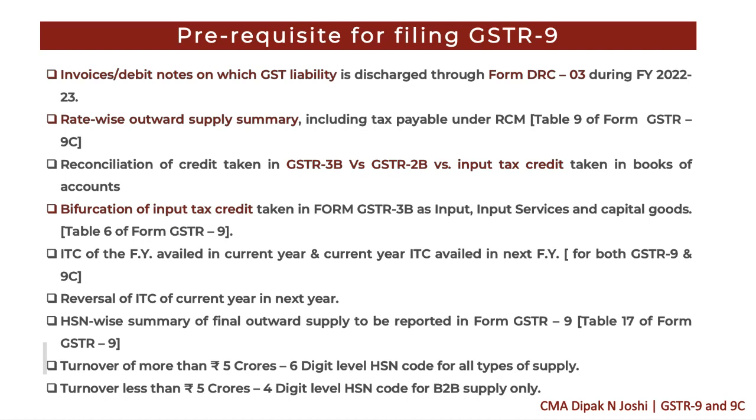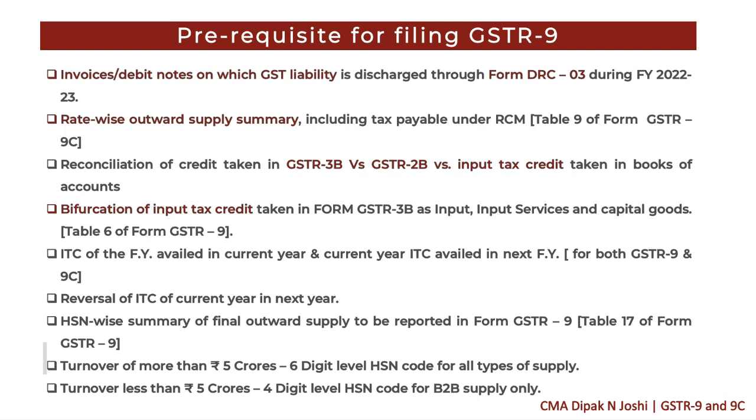So if a registered person takes credit strictly as per GSTR 2B, there will not be any difference between the credit taken in GSTR 3B and credit auto-populated in GSTR 2B. However, there might be a difference between the input tax credit taken in the books of account and taken in the GSTR 3B, because it may happen that some of the invoices are not appearing in the GSTR 2B.